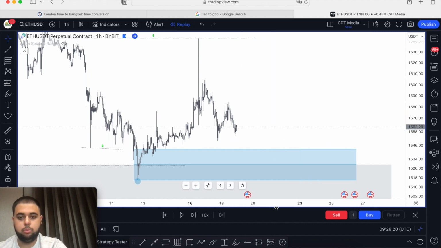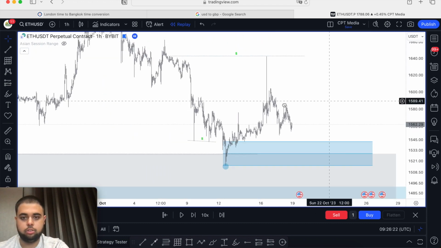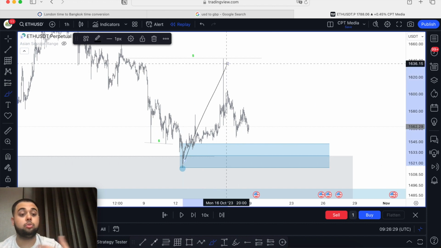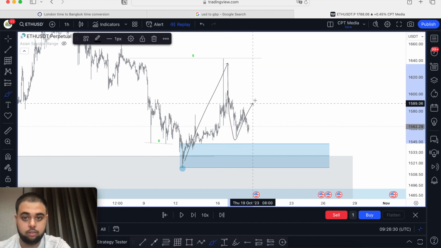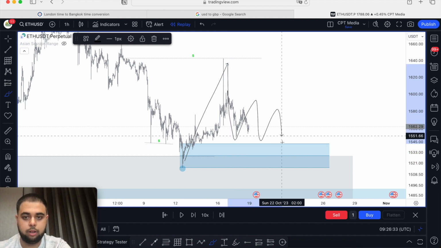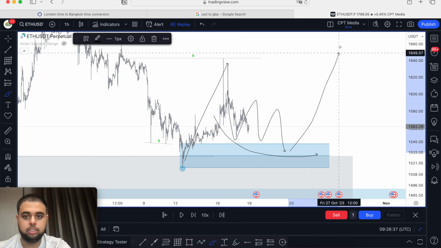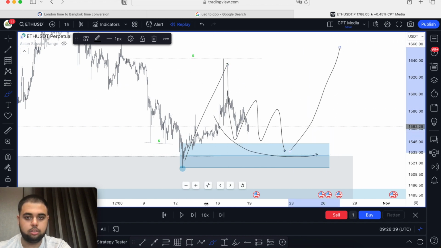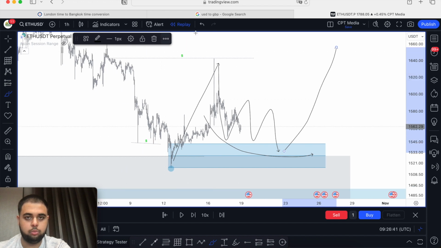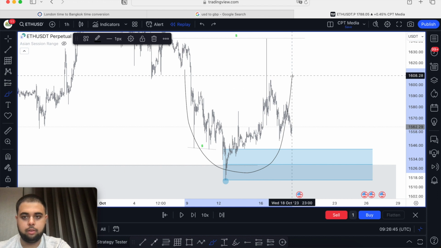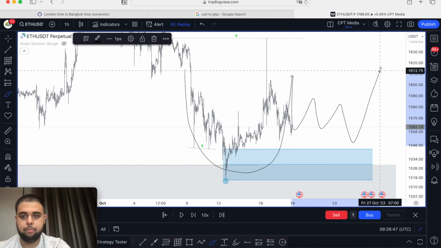But basically what we've seen is an impulse, right? Just like on the lower time frames, we've seen an impulse. Now, after you see an impulse, what do you expect? A correction, right? So I want to see this correction play, see some sort of slow momentum before the second impulse, right? Because we can sort of see this potential cup and handle pattern play.